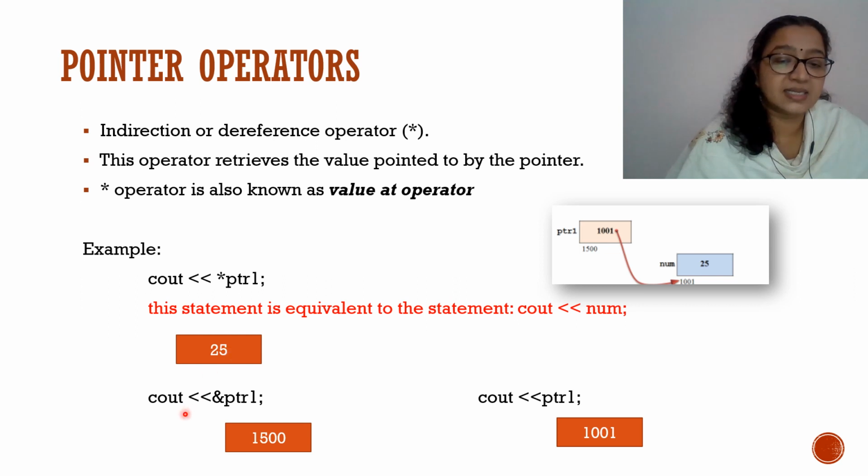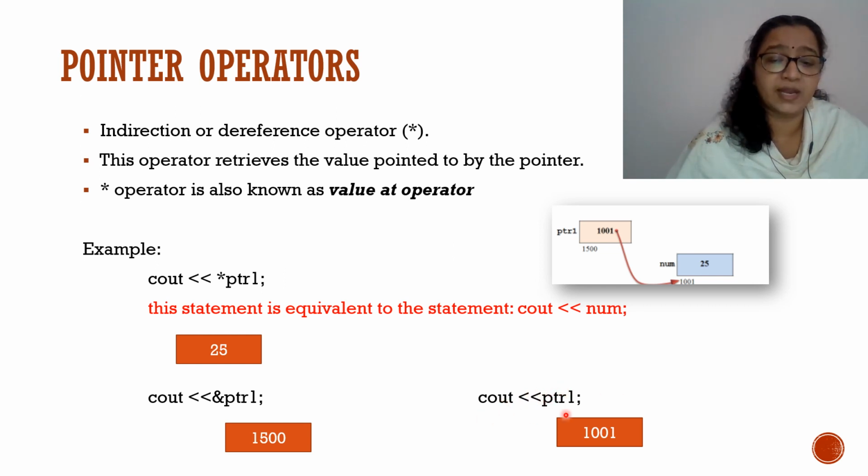Then next is cout ampersand sign we put. This is called the address of operator. Address of PTR1. What is the meaning? What is the address of PTR1? PTR1 also has an address. That address is 1500. So we'll get 1500. Then cout PTR1 without any operators.